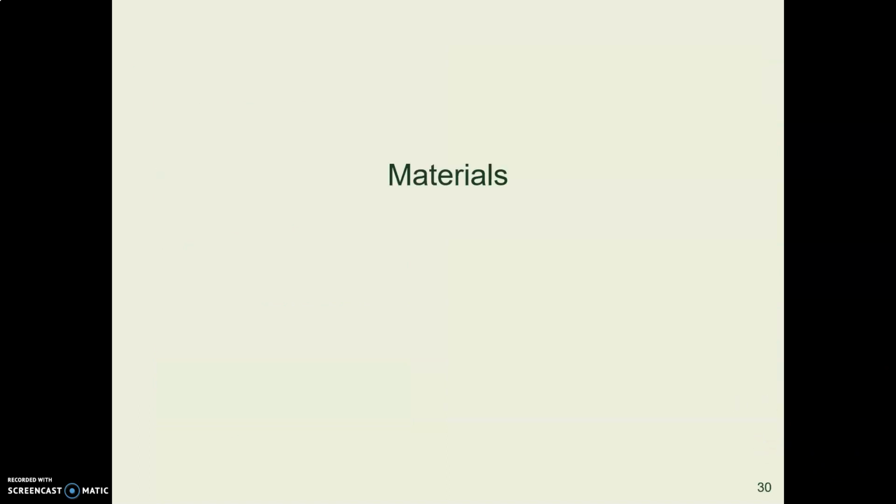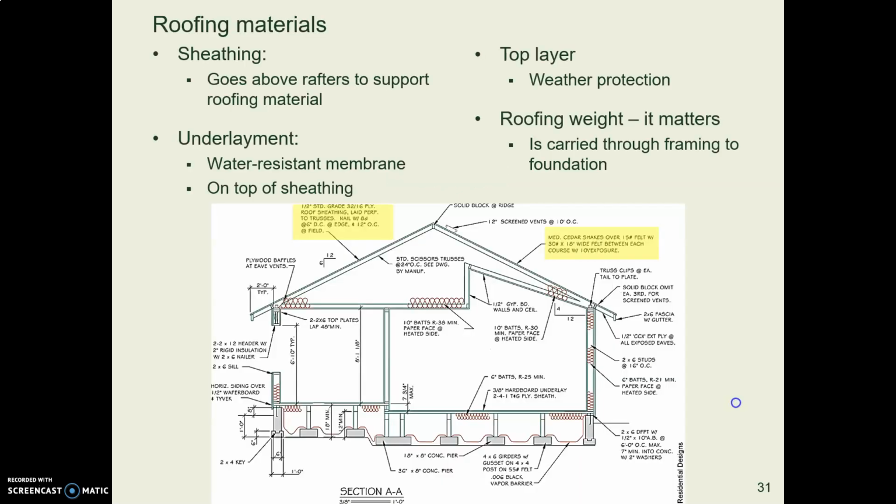And finally, just a couple of comments about materials. Many of you probably know more about roofing materials than I do, so let's just think about the basic ideas. The sheathing is the support surface for the roofing. So we have the rafters or trusses that make a framework. The sheathing might be plywood, exterior plywood, that goes on top of that, and that's going to support the roofing material.